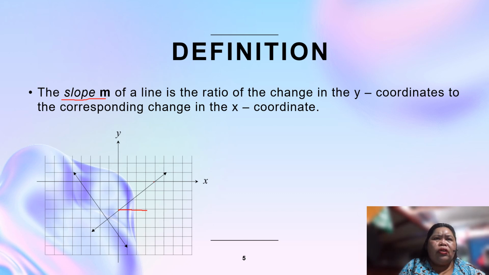So we have the run and we have the rise. It's not straight again, but like this. So m is equal to, the rise we have 1, 2, 3, so 3 units, and for the run 1, 2, 3, 4, so 3/4.